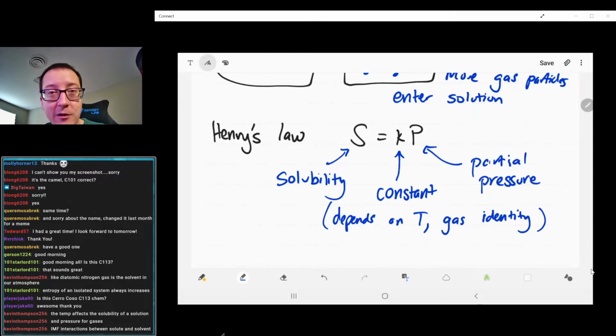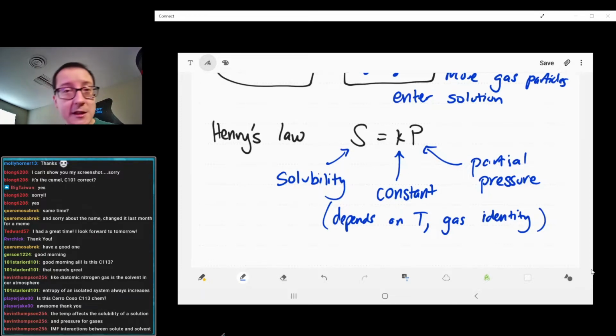You know, if your gas is carbon dioxide or ammonia, those are very different gases chemically speaking. Ammonia is pretty polar. Carbon dioxide's nonpolar. So the amount that we can dissolve in our solution will depend on the identity of the gas, and that will be accounted for in your constant. Again, this is not really something we're ever going to do math with, but just understand that the higher pressure we have, the more we're able to dissolve.